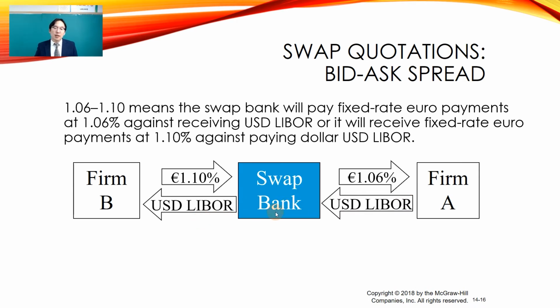In that case, in exchange, the swap bank will pay 1.06% fixed interest to firm A. On the other hand, for firm B, in exchange for firm B's 1.1 percentage point fixed interest payment, the swap bank will be willing to pay the US dollar LIBOR floating rate interest payment. The difference is what the swap bank makes its living from.